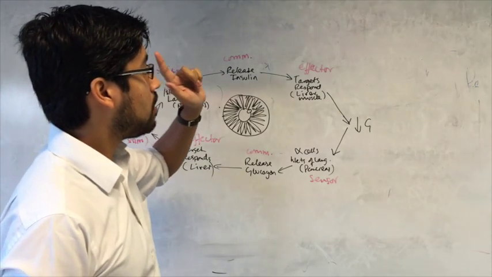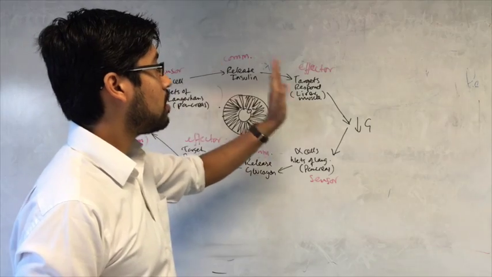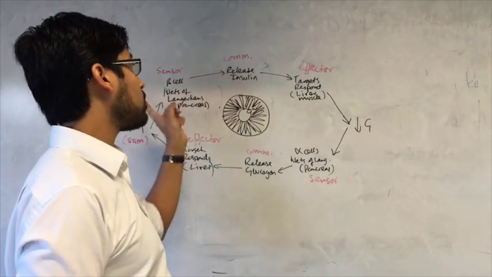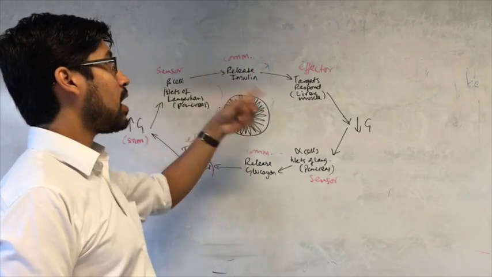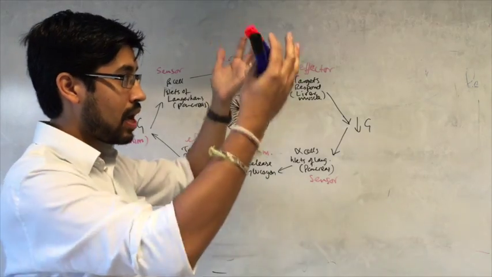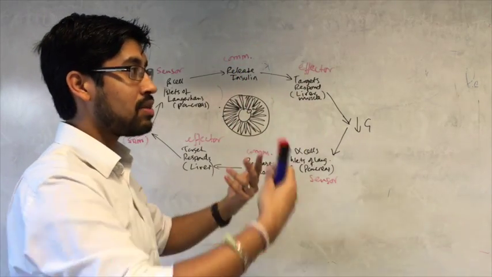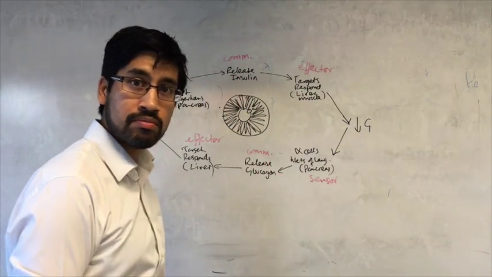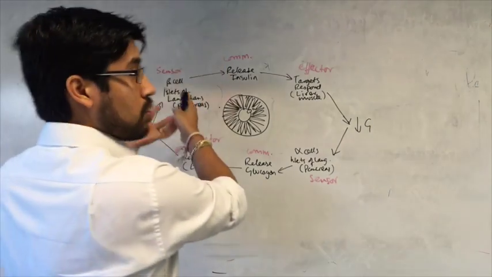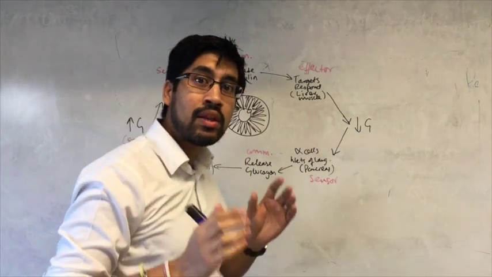And secondly, how do our target cells respond to that insulin that was released by our beta cells? How does the insulin make them absorb more glucose? Okay, that'll be next. So let's look more closely now at the islets of Langerhans.